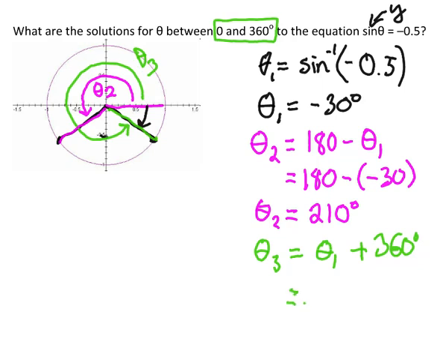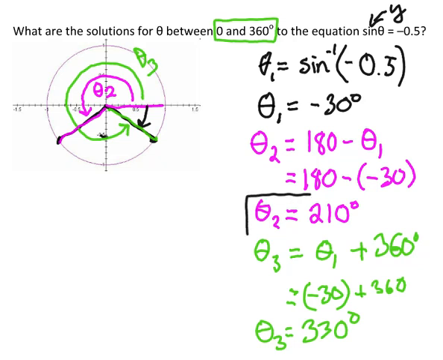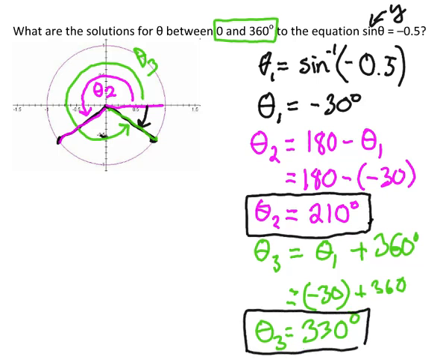So that would be your negative 30, that's your theta 1, plus 360 gives me positive 330 degrees, and that's theta 3. So there's sort of 3 answers here, but there's only 2 that are in between 0 and 360 degrees, and that's your 210 degrees and your 330 degrees.